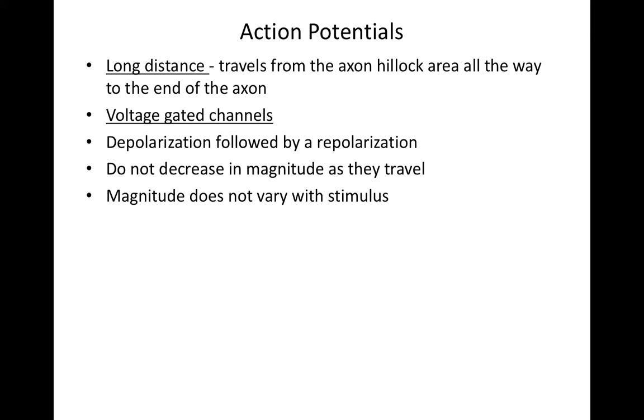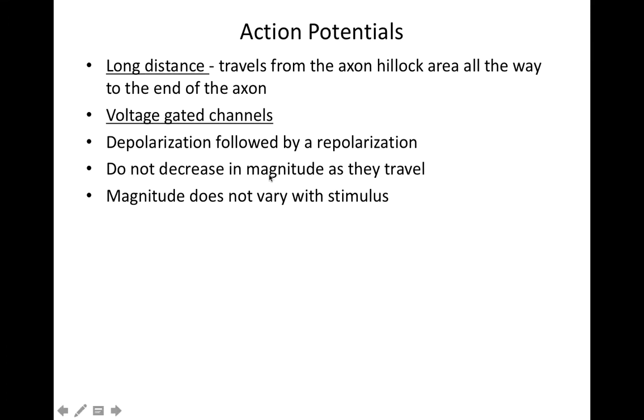They're going to originate at the axon hillock, and they're going to go all the way down the axon. These utilize voltage-gated channels. Therefore, the magnitude is not going to change at all. It's all or nothing. We either hit threshold and the voltage-gated channels open, or we do not at all, and there is no action potential.